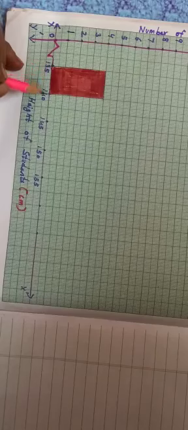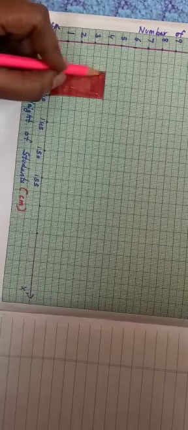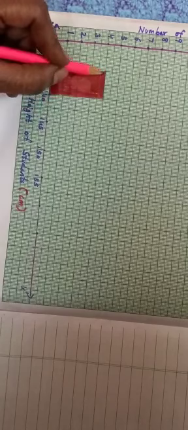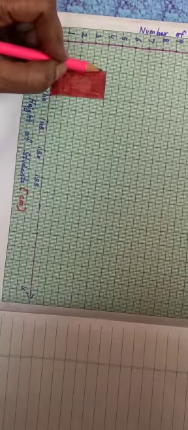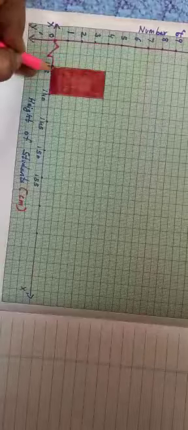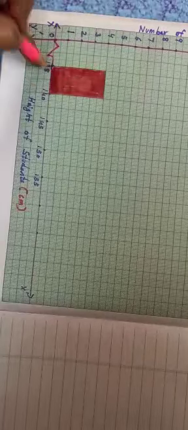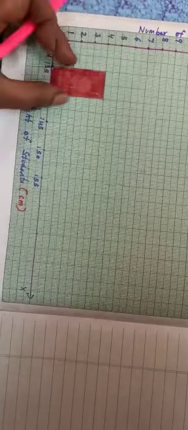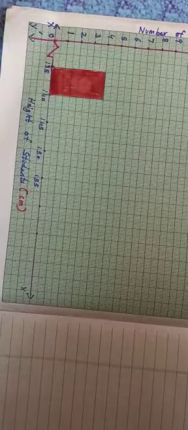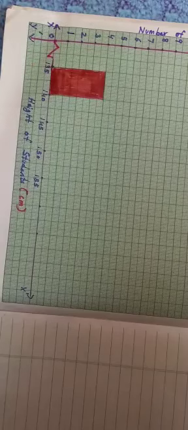This class is taken as the base of the rectangle, and the height, that is the frequency, we have taken as 4. This is our base, this is the height, and the rectangle has been drawn. So the first is over.